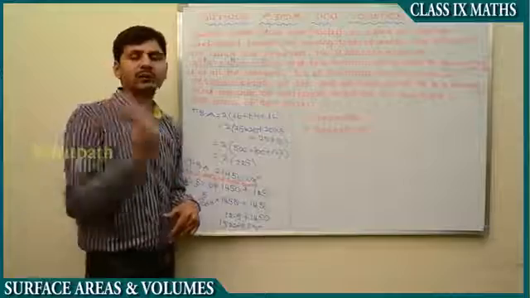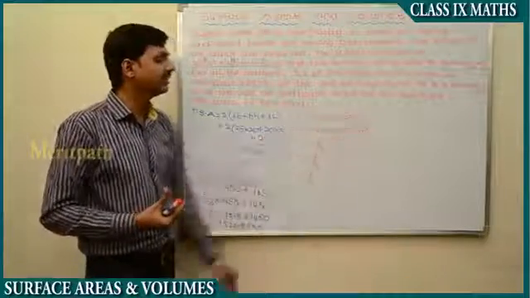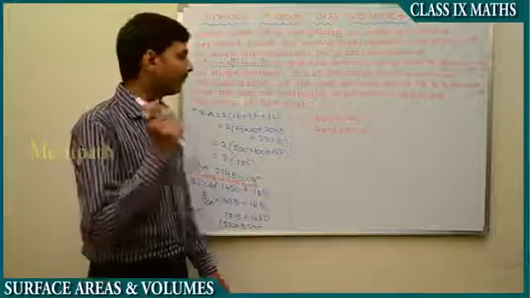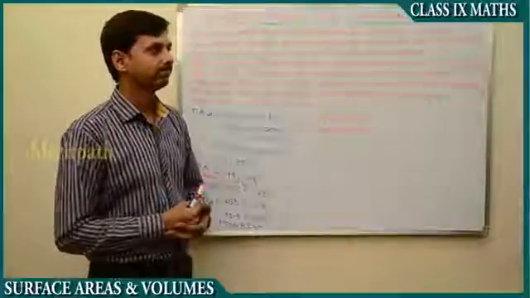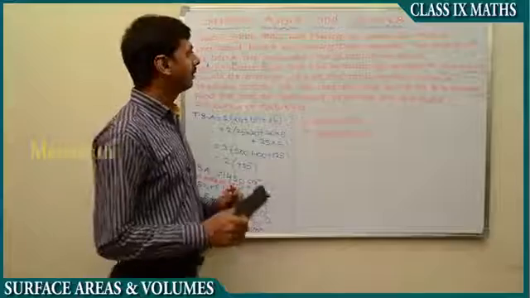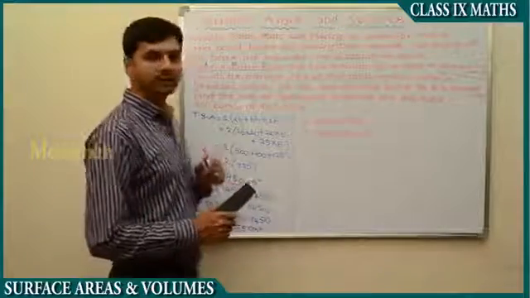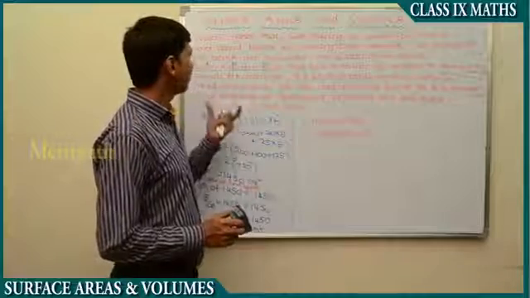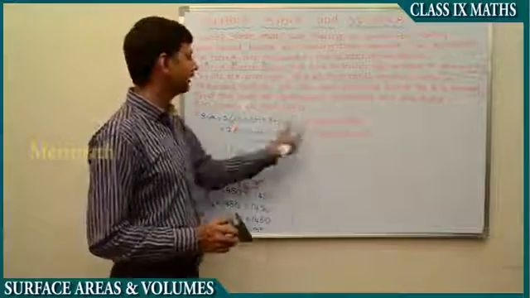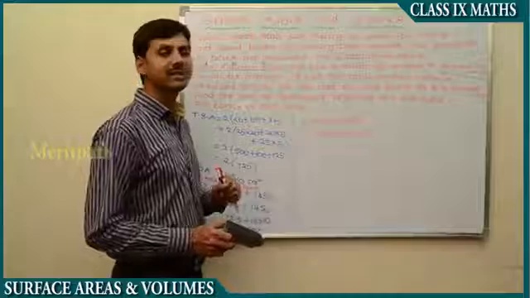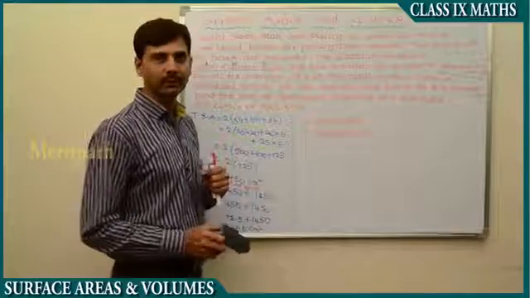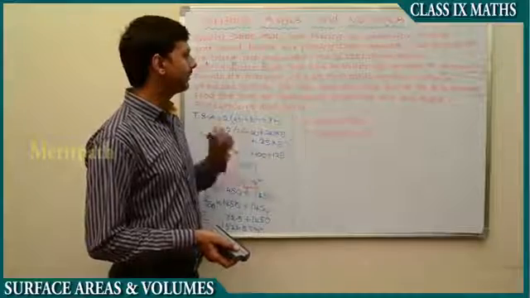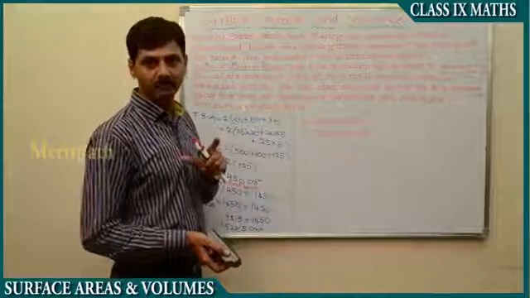Then we multiply with the 250 boxes and got 380,625 centimeters square. So we got the total area for the bigger dimension boxes.